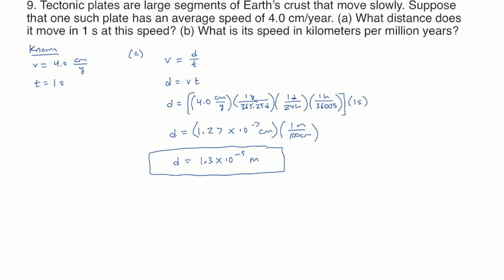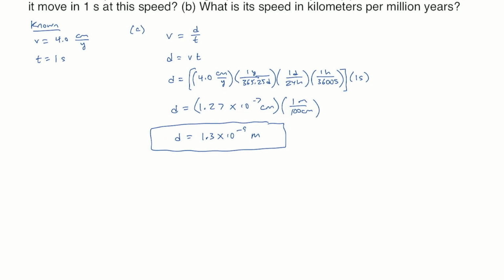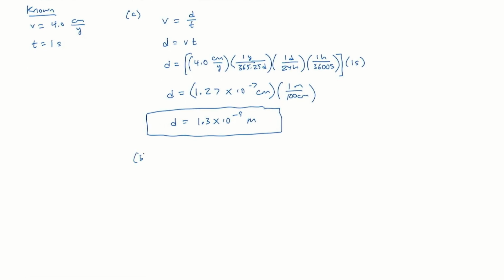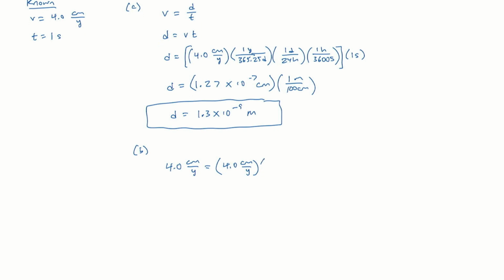All right, now we need to convert the speed to kilometers per million years. Okay, so we have 4.0 centimeters per year. We'll set it equal to itself. Okay, and now we're going to need this in kilometers. So I like to go to meters and then from meters to whichever unit I need.